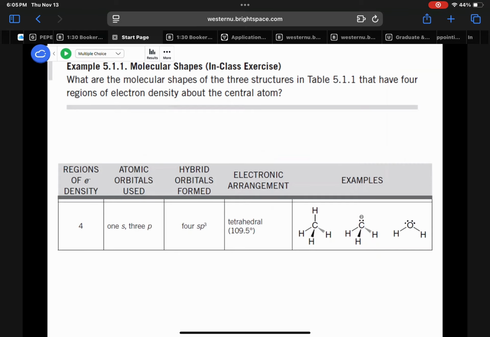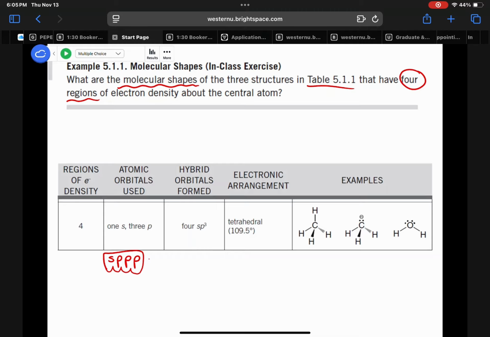So here we have our first example in topic 5.1. It's a review from chapter 3. The question is, what are the molecular shapes of the 3 structures, and I've repeated it here, that have 4 regions of electron density around the central atom? If we need 4 regions of electron density, remember when we count out the number of atomic orbitals that we put in, if we need 4 regions, that means we need 4 hybrid orbitals. 1, 2, 3, 4.